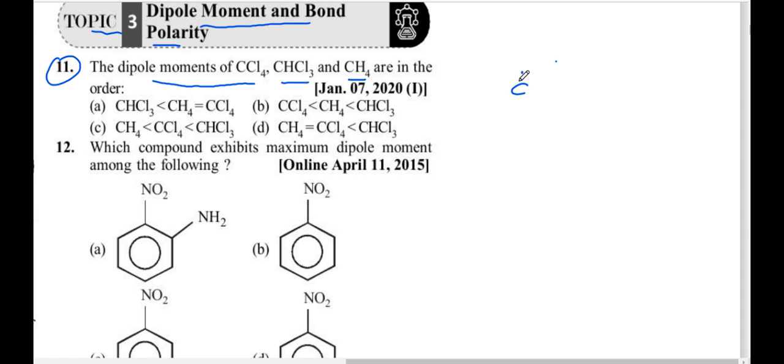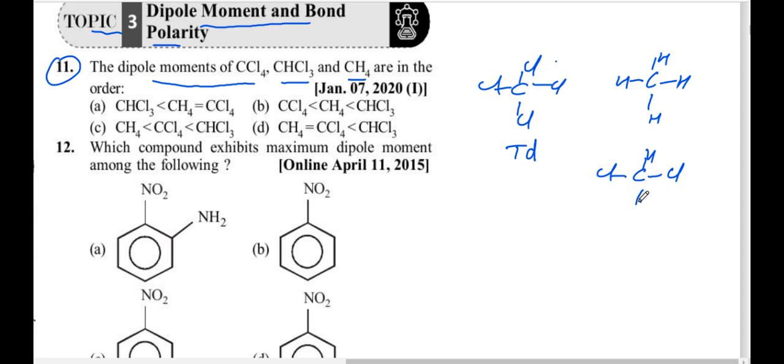See, the structure of CCl4 has tetrahedral geometry. CH4 is also similar, tetrahedral geometry, and CHCl3 is of course tetrahedral geometry. See here, a symmetrical structure is there.